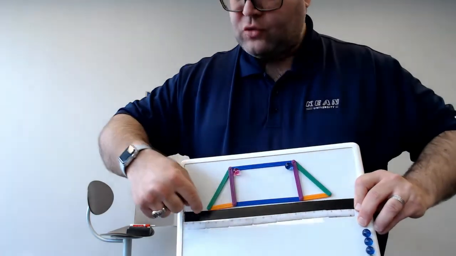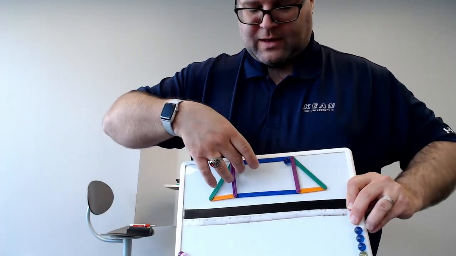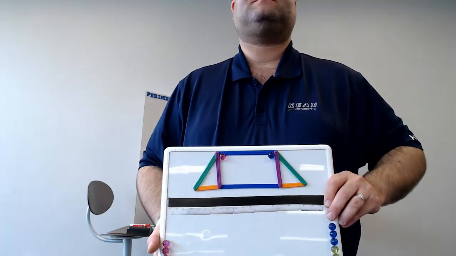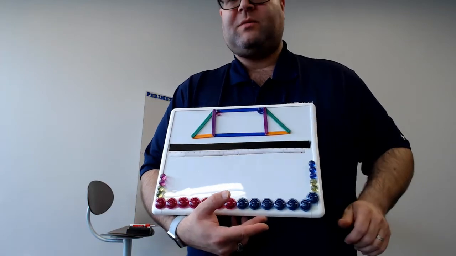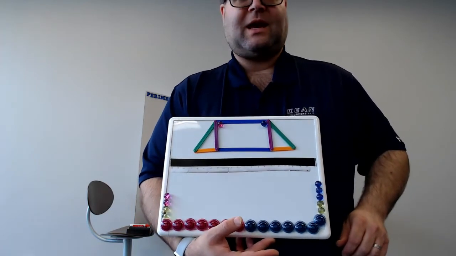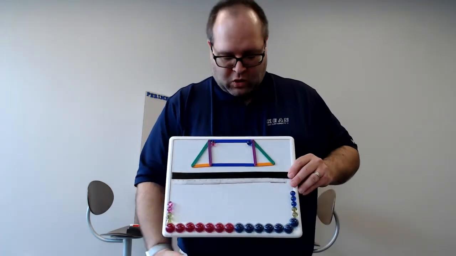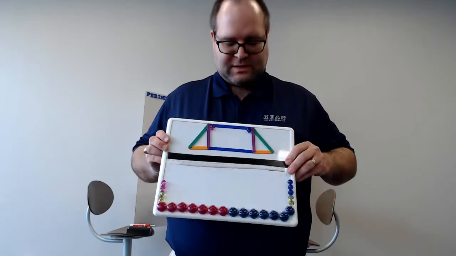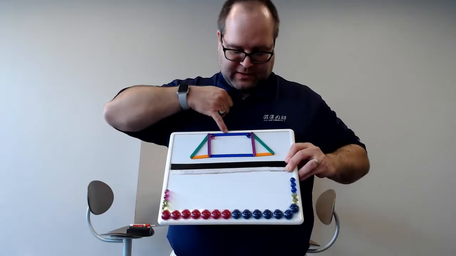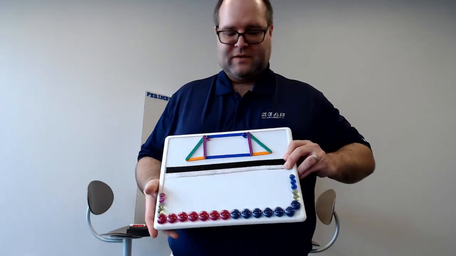We have 2 triangles and a rectangle that make this up. In order to determine the perimeter of a figure that has any number of straight sides, all we need to do is add the lengths of the four distinct sides. So the length of the top, the length of the bottom, and the length of each of these sides.